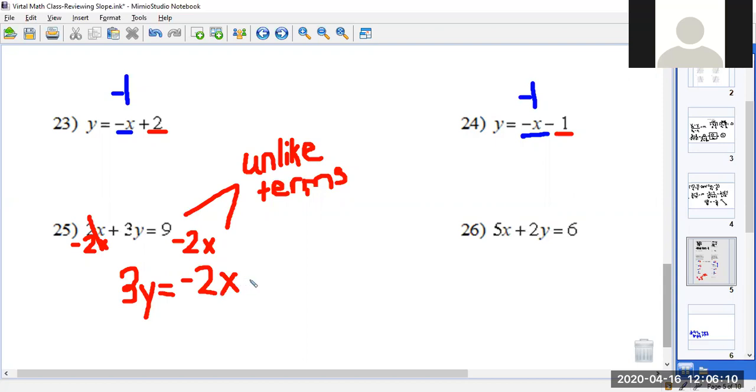So before I go any further, Mr. McFadden, do you see what we did there? It's starting to make sense. So remember, all I did was move my 2x to this side and make it the opposite. That's all I did.